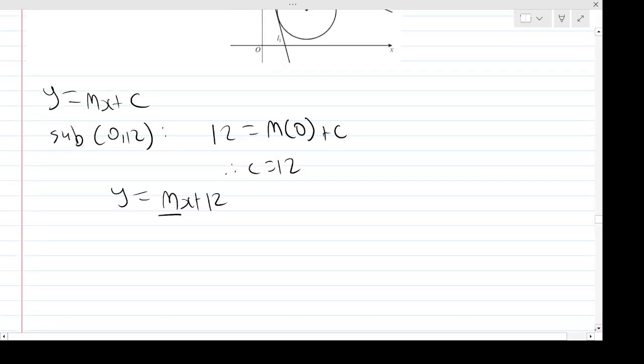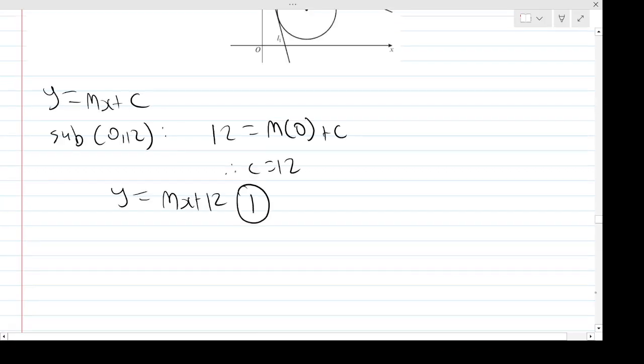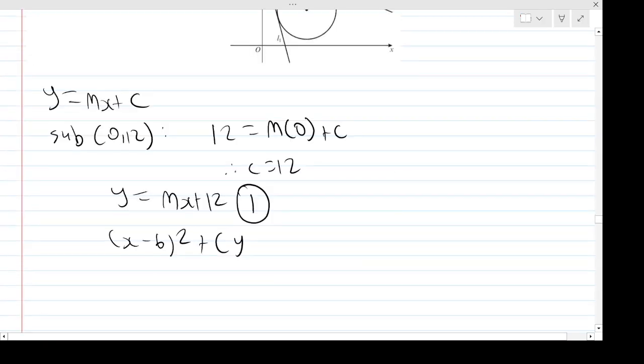What that means is that's the equation of the line, and we are intersecting it with the circle. I have the equation of the circle: (x minus 6) all squared, plus (y minus 5) all squared equals 17.